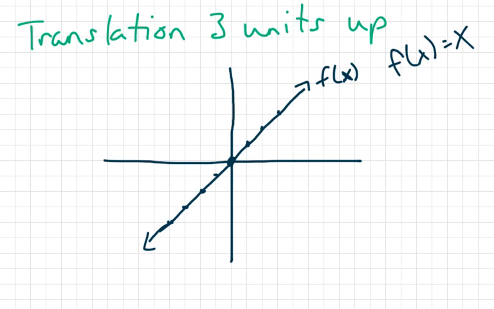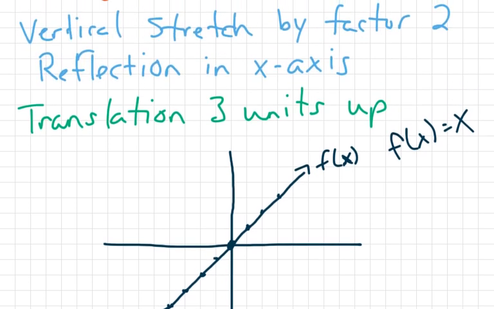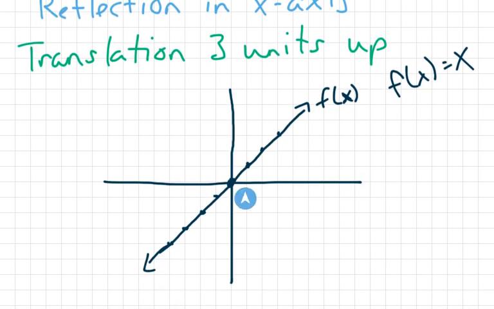Okay, now I'm going to do the blue transformation first. Vertical stretch by a factor of 2 and a reflection in the x-axis. All right, so this point right here is 0 units away from the x-axis, so it's not going to move anywhere. Then when we reflect it, it's already on the x-axis, so it's not going to move at all. This point right here is 1 away from the x-axis, so now it's going to be 2 away.